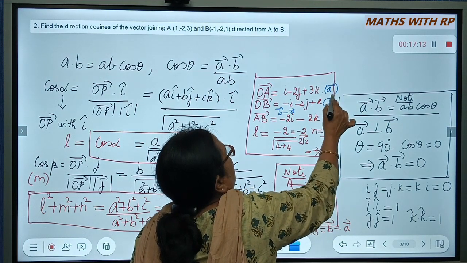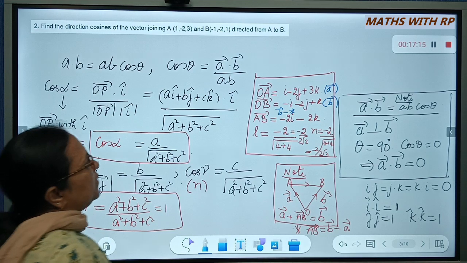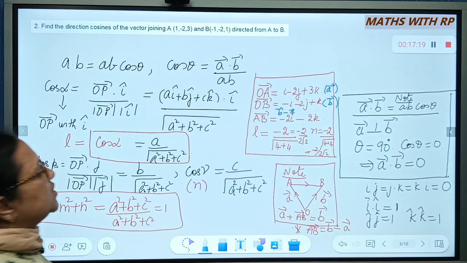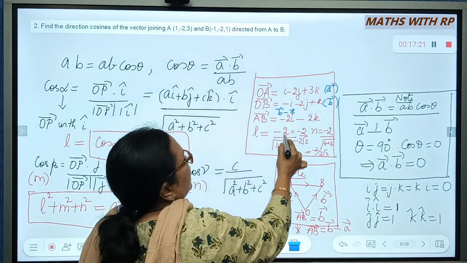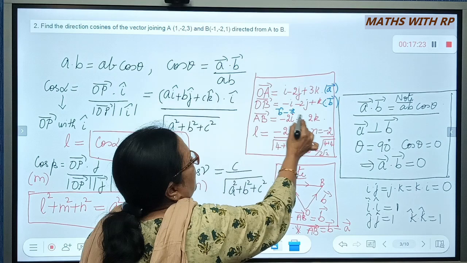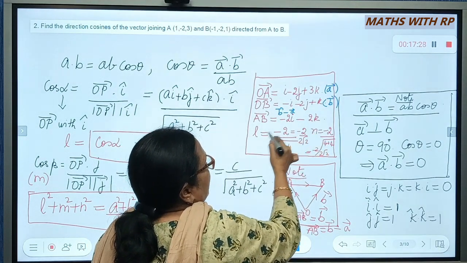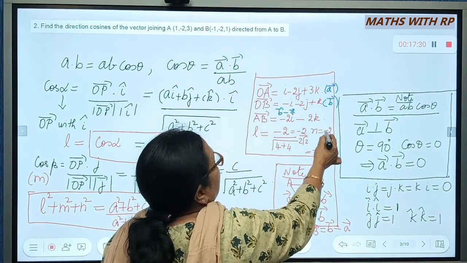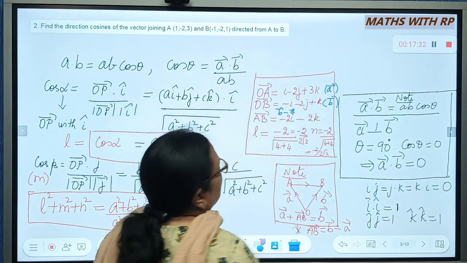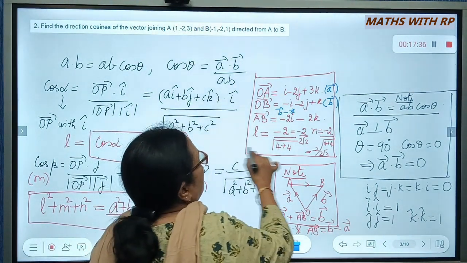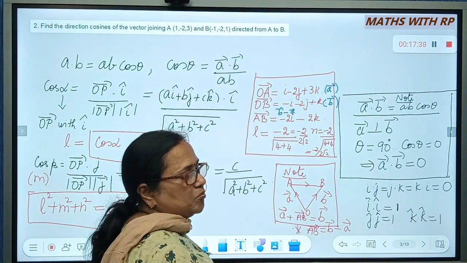OB vector is B vector. So B vector minus A vector is minus 2i minus 2k, and the direction cosines are l equal to minus 2 by root of 2 square plus 2 square. m is 0. n will be minus 2 by root of 4 plus 4, so minus 2 by root 8. So these are the direction cosines l, m and n.